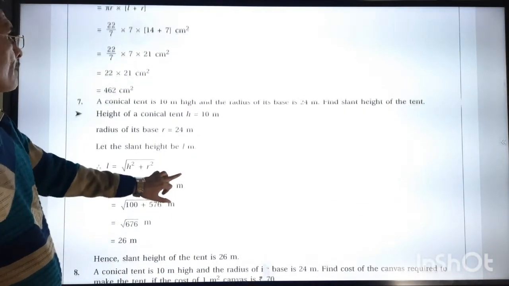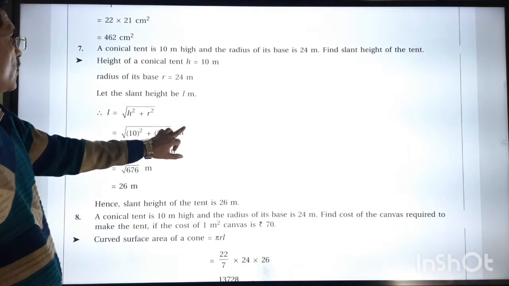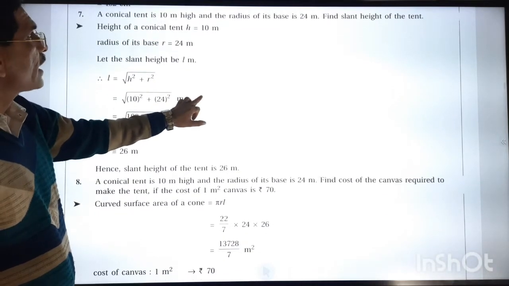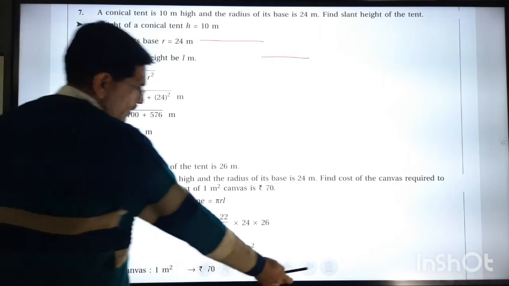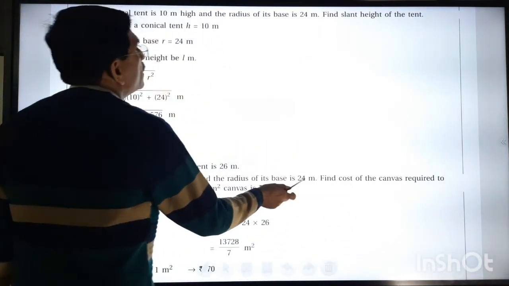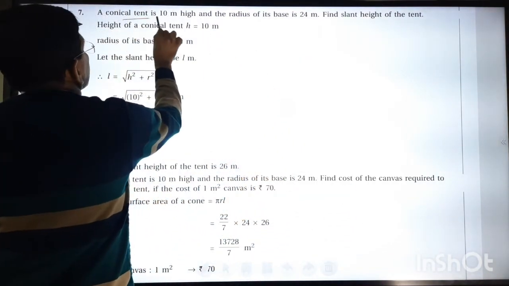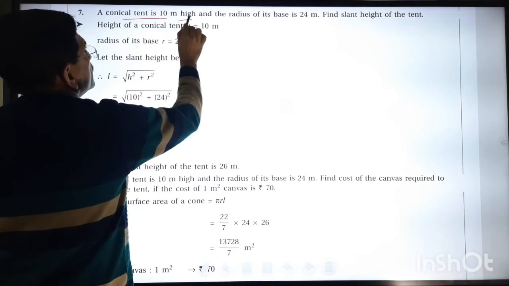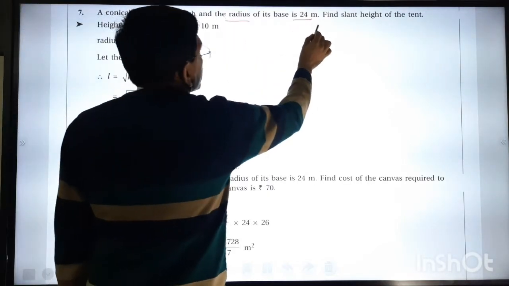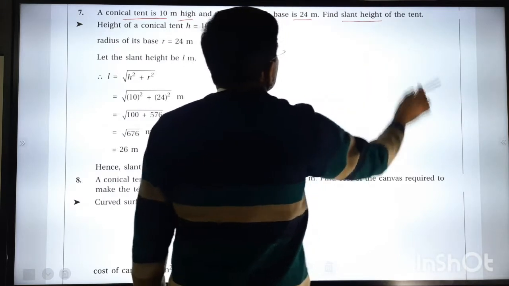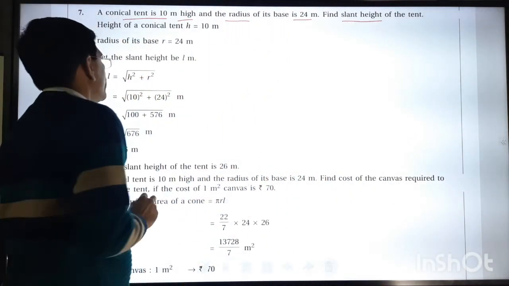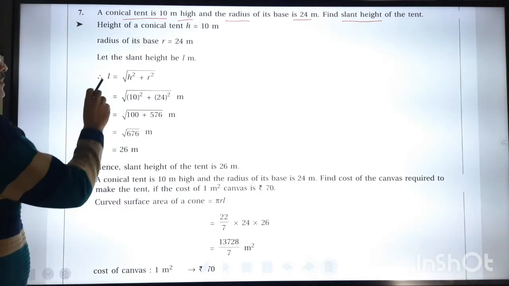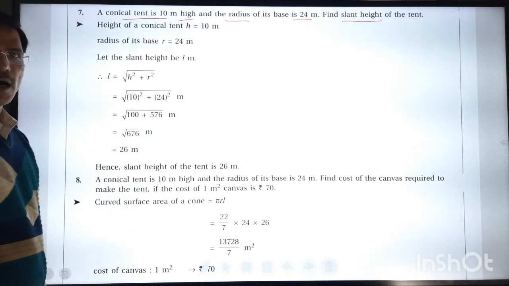Now conical tent, find out the slant height. If you see properly, the question is: the conical tent is 10 centimeter high, radius is 24 centimeter, find out the slant height. So already we know the formula for slant height, that is L is equal to under root h square plus r square.